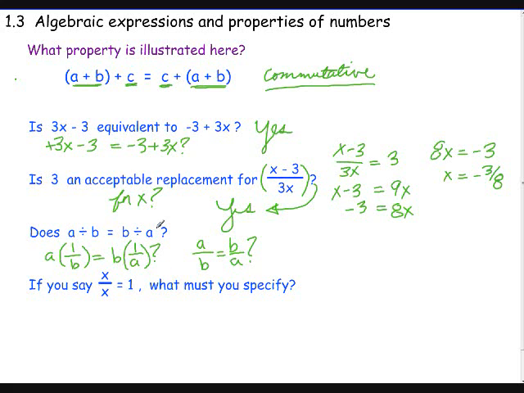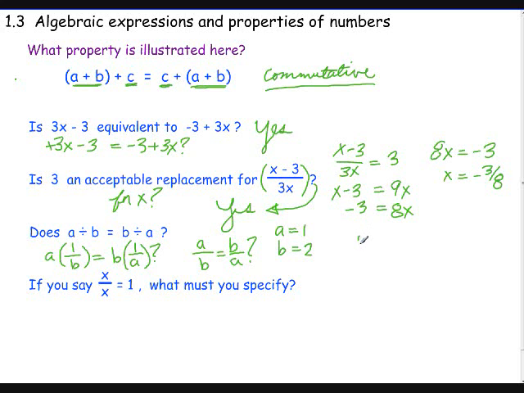But in a question like this, we're interested in, is it true all the time? So if I can think of just one instance where it is not true, I would say no. And I can think of one instance. Suppose A is equal to 1 and B is equal to 2. Those are good numbers.